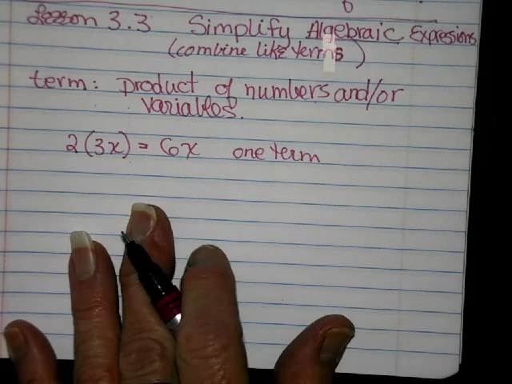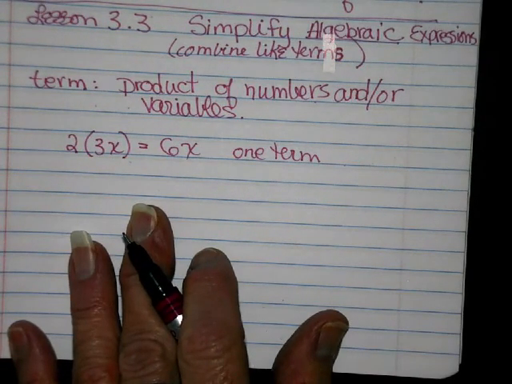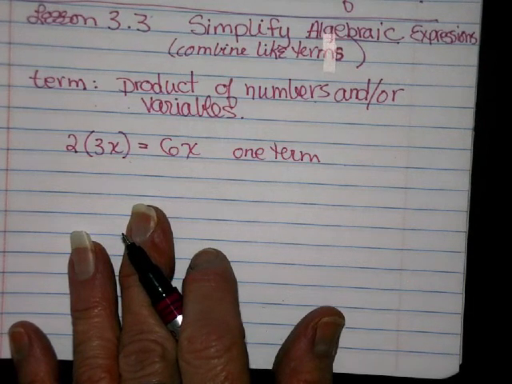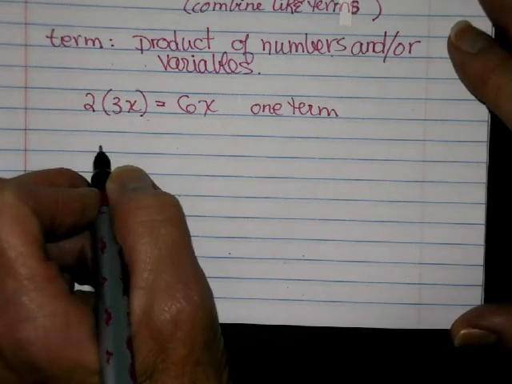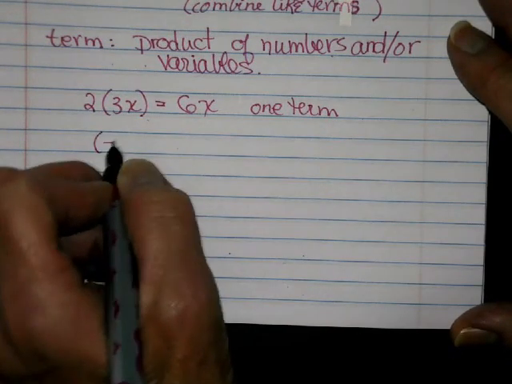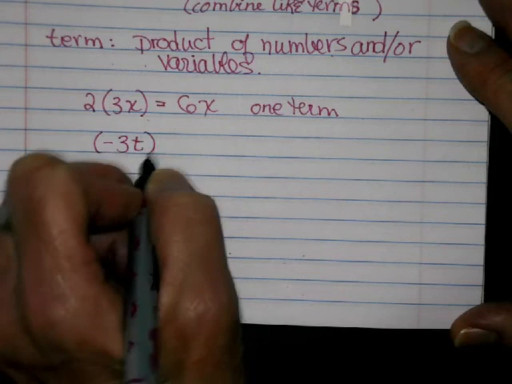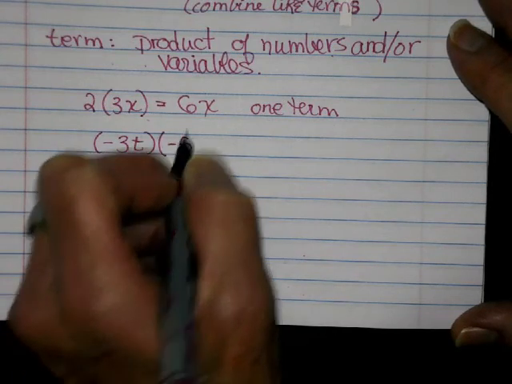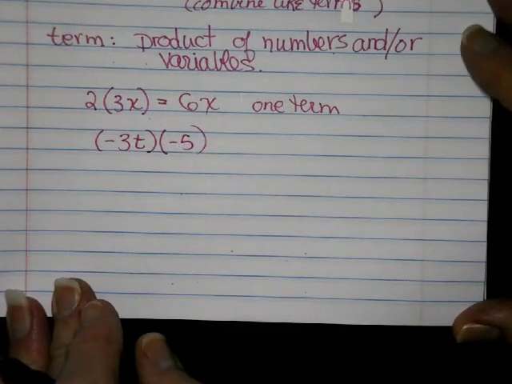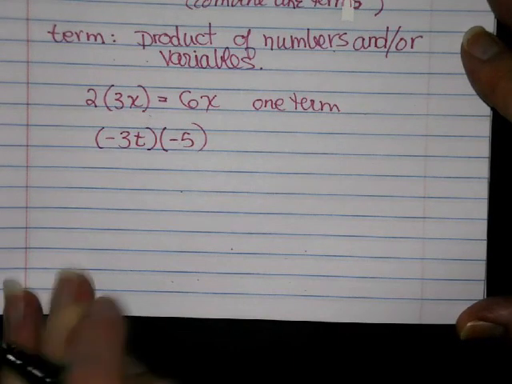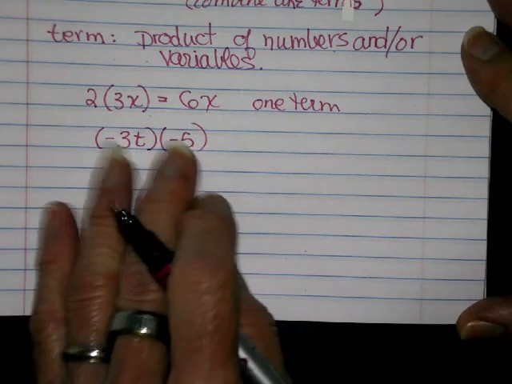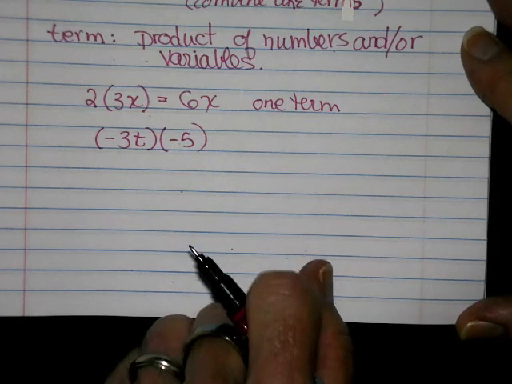So you see parentheses, that means multiply, correct? What if these two numbers were next to each other? What do I multiply together? Well, I can multiply -3 and -5, right?